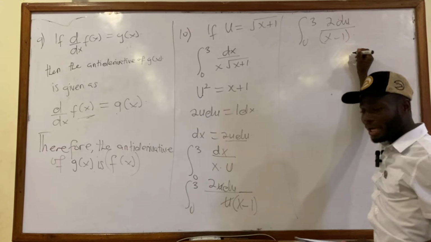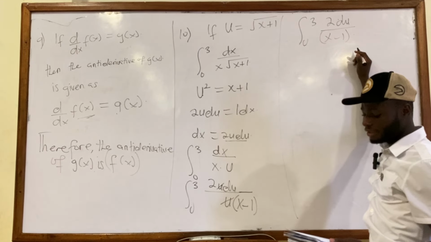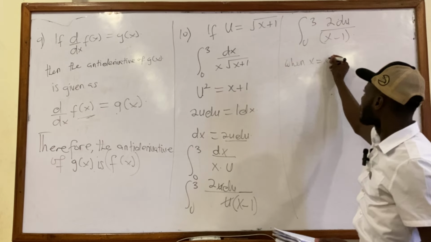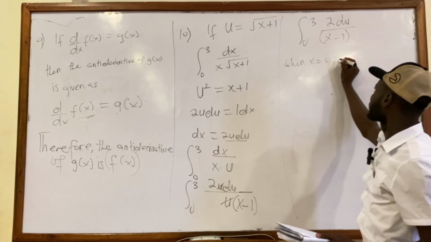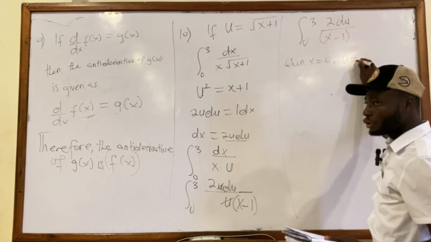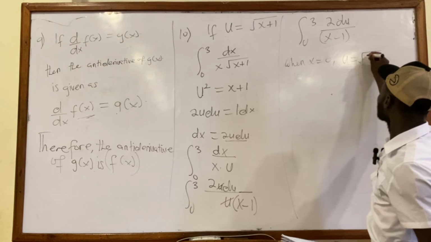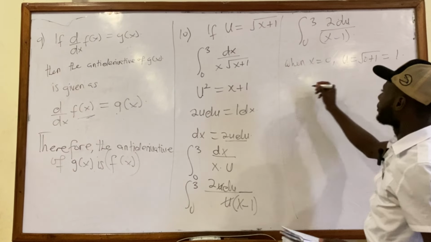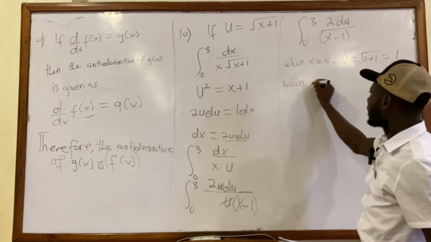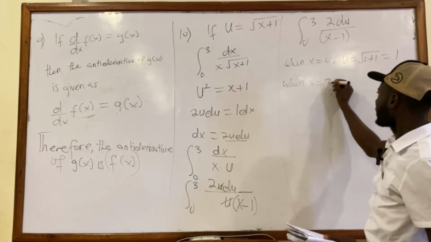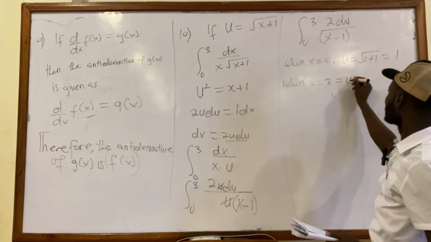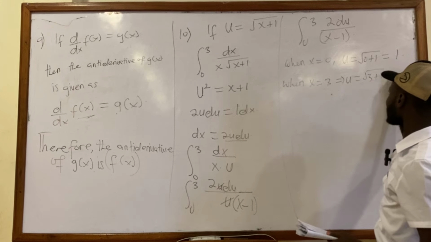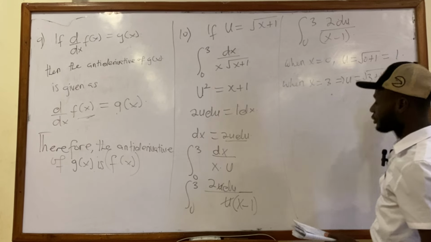So we have to apply what we call the change of limits here. When x is equal to 0, u is equal to the root of 0 plus 1, and that is equal to 1. When x is equal to 3, u is equal to the root of 3 plus 1, and that is equal to 2.